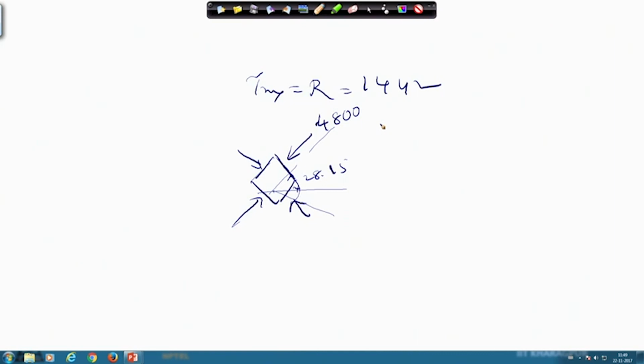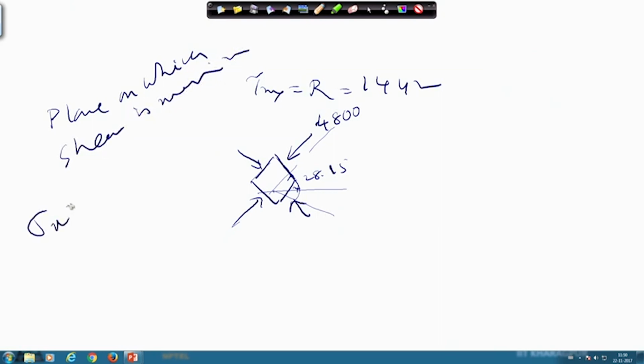The normal stress on the plane on which shear is maximum, sigma x, sigma y, will be equal to C, that is 4800.